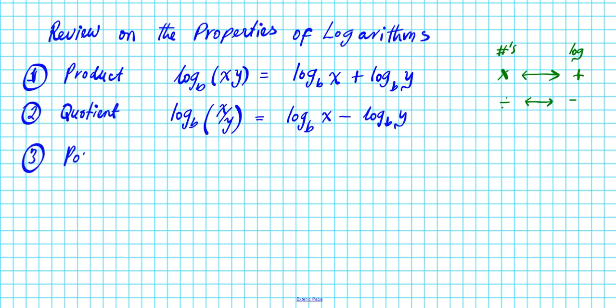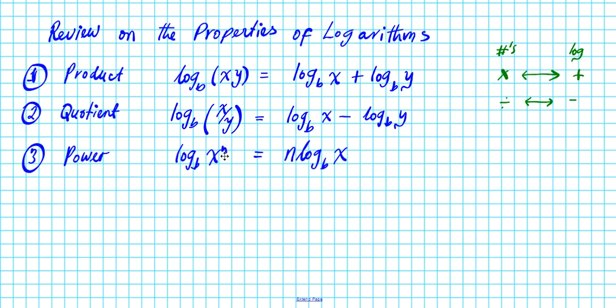Property 3, the power property. If you have log base b of a power, x to the n, you can just power down your power. This becomes n log base b of x.